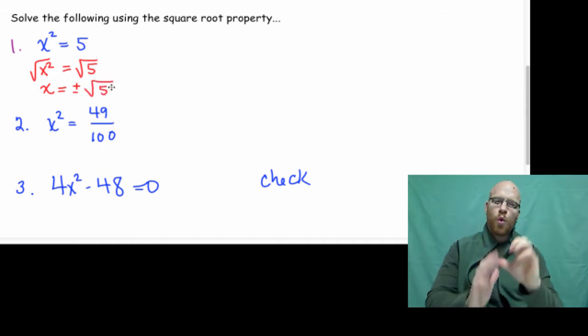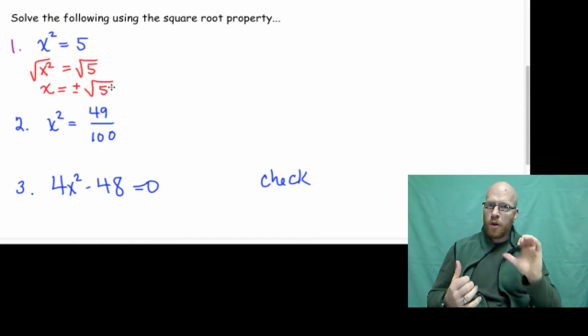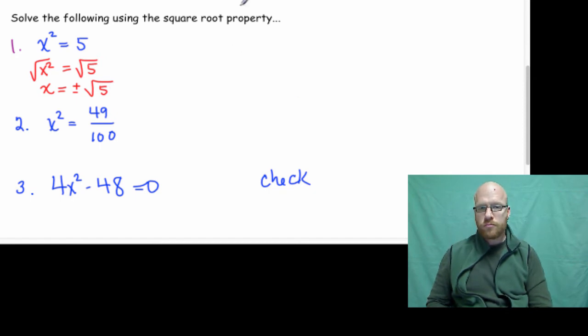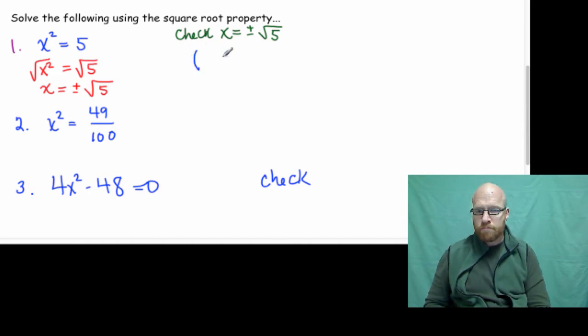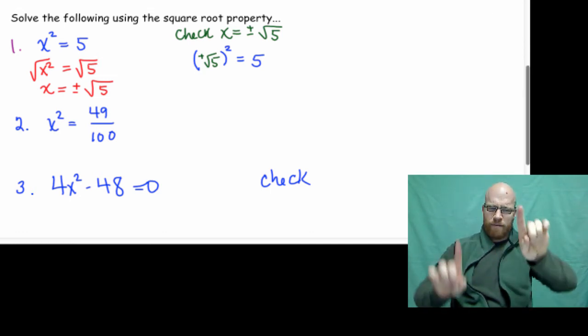Now, I am going to check this problem just to see how this does work out, so you get a sense of it, okay? With this square root of 5, the positive and negative aspect of that. Okay, people will look at this and say, the square root of 5 squared.